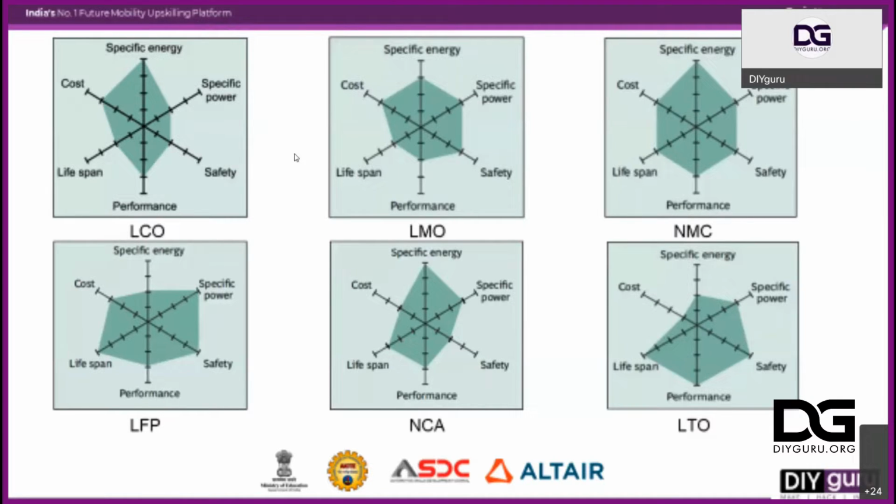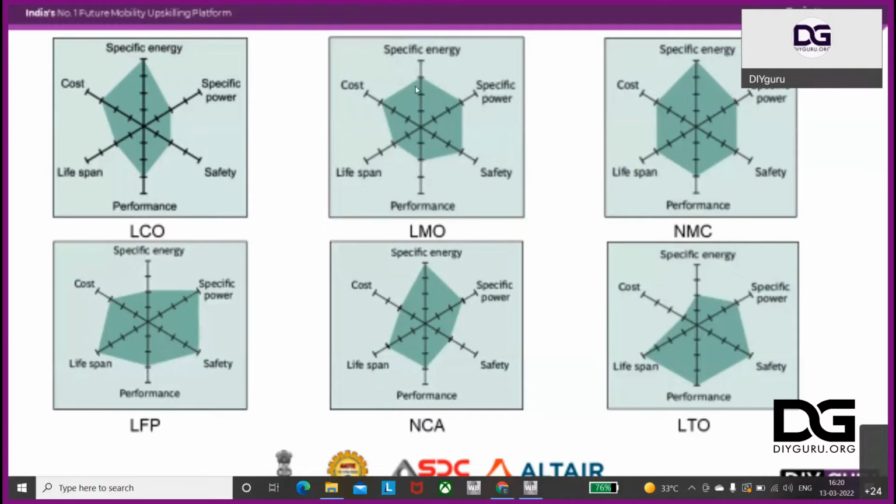Then you move on to lithium manganese oxide. In this, specific energy is okay, specific power is good as compared to it, safety is good, performance is less, lifespan is less, which means fewer charge cycles, and it is moderate in expense.